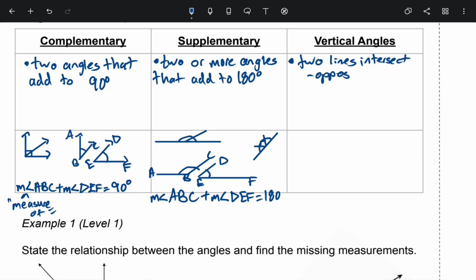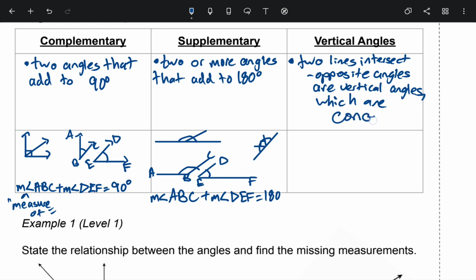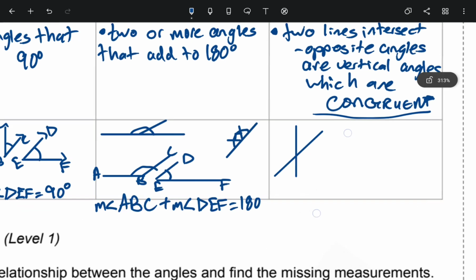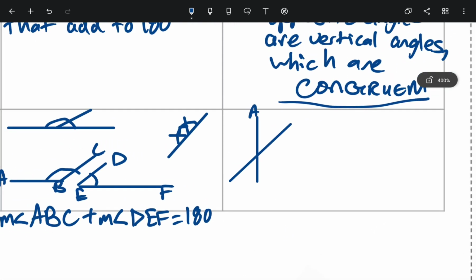The opposite angles are vertical angles, which means they are congruent. Okay. So if we have two lines intersecting like this, let's call this point A, point B, point C, point D, and then point E in the middle.